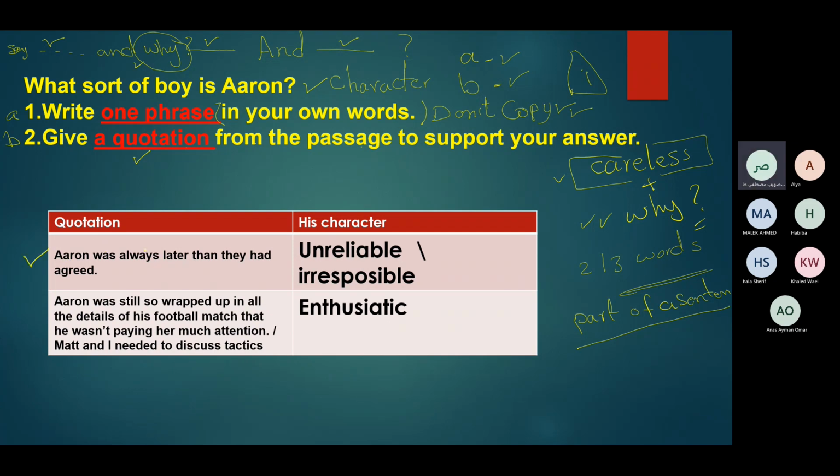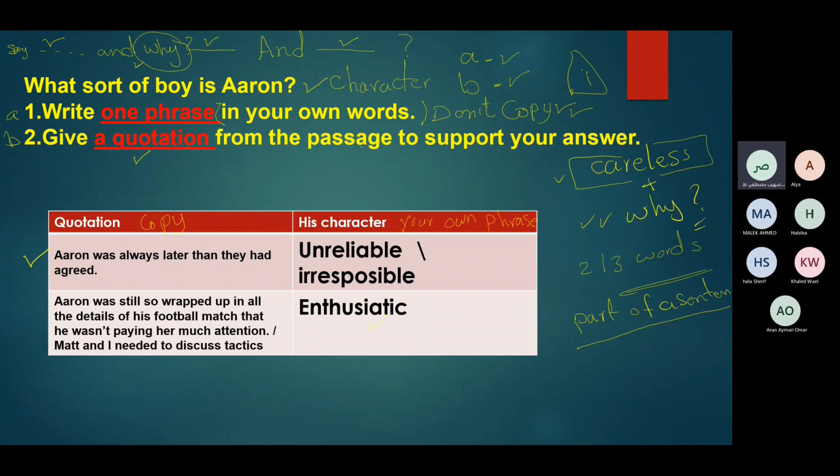Aaron was always later than they had agreed. This part is exactly in the text. So a quotation is always copied from the text. And here is your own phrase. Unreliable or irresponsible. From where do I know that? He said Aaron was always later than they had agreed.